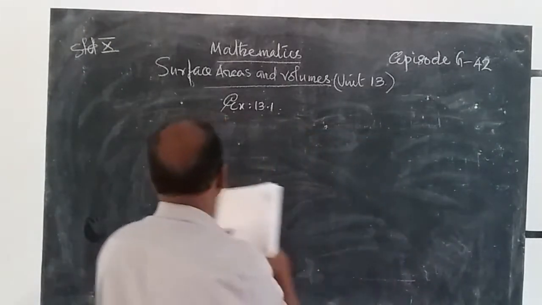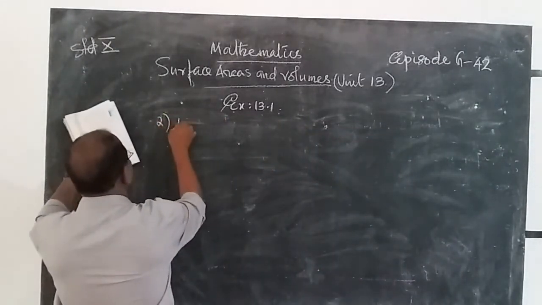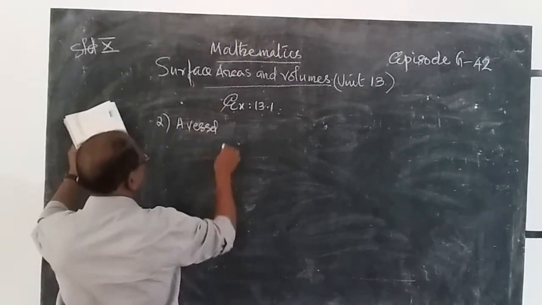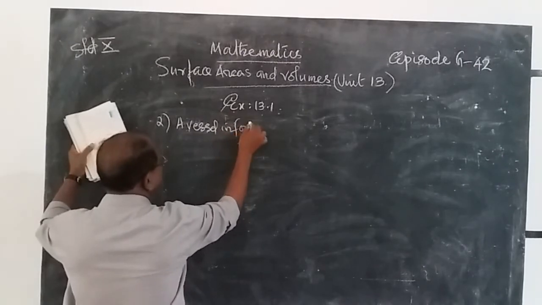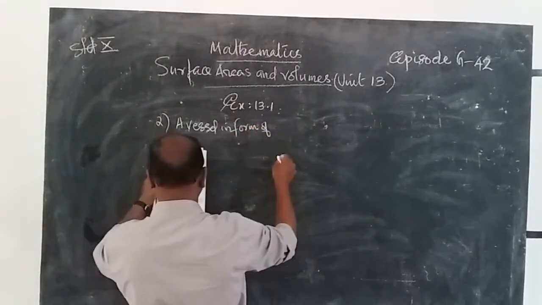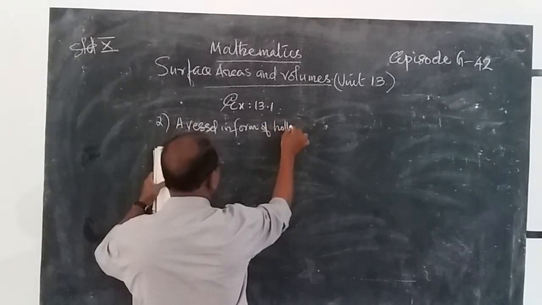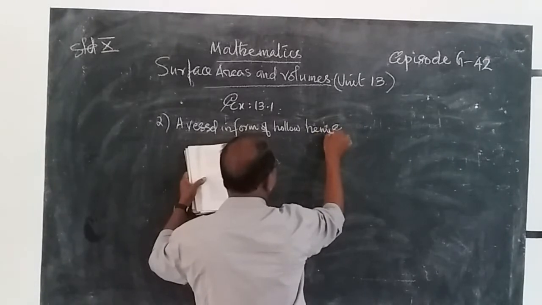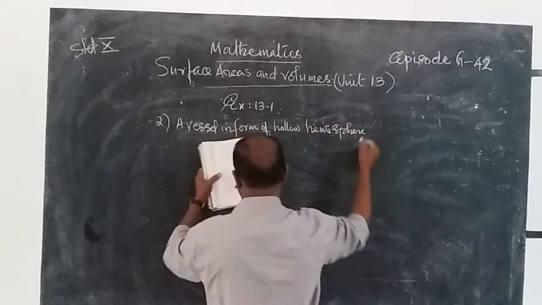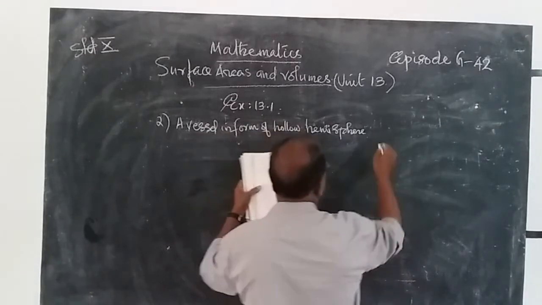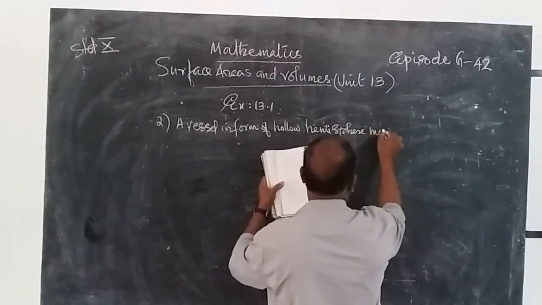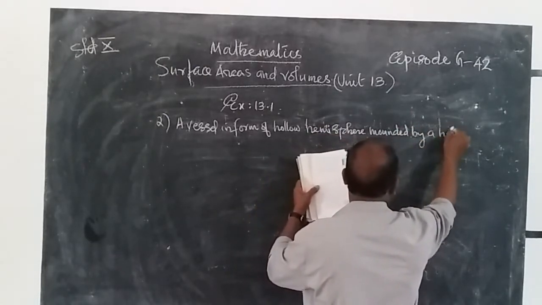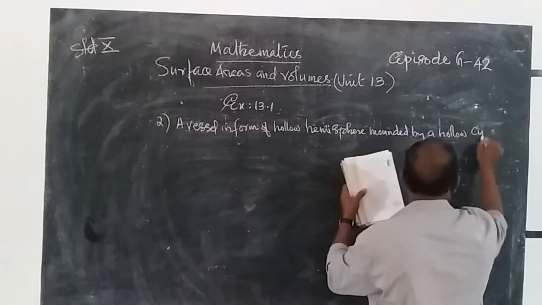Then second question, number 2. A vessel in the form of a hollow hemisphere mounted by a hollow cylinder.